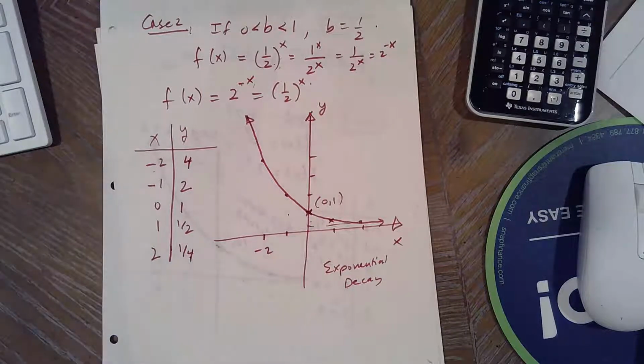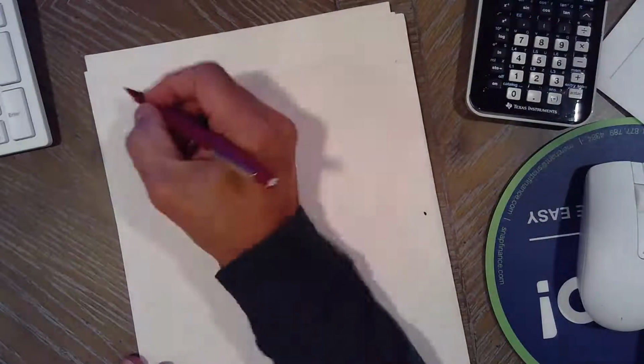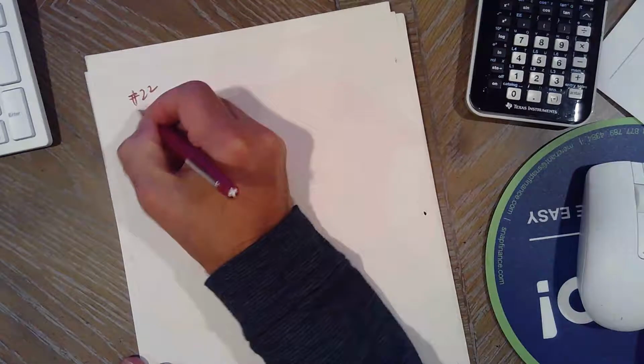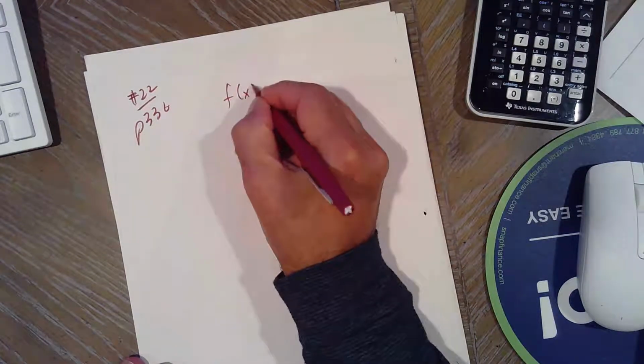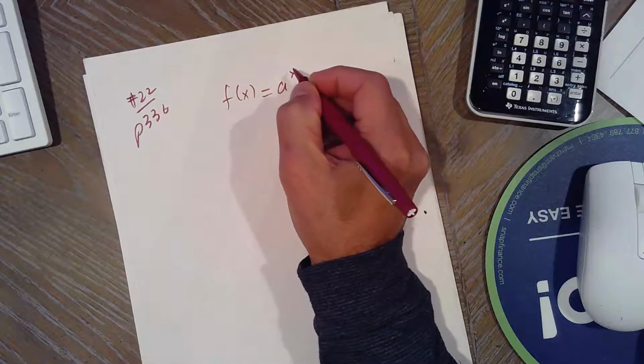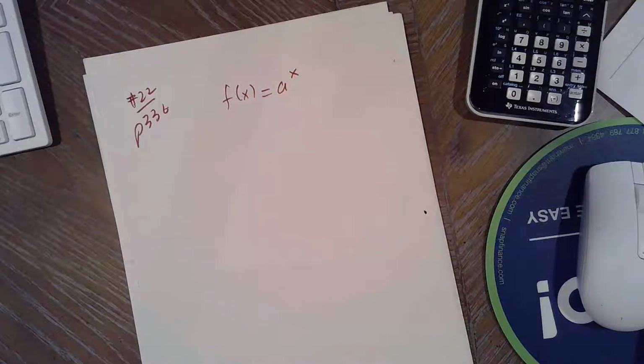Alright. So now let's look at number 22, page 336. We have f of x equals a to the x, and it says find the exponential function f of x equals a to the x.